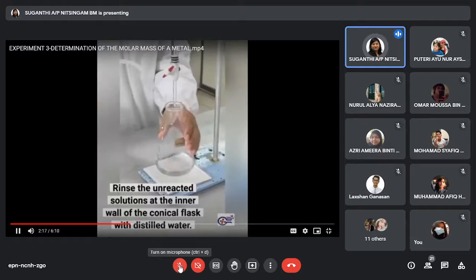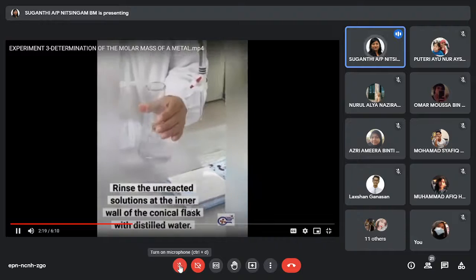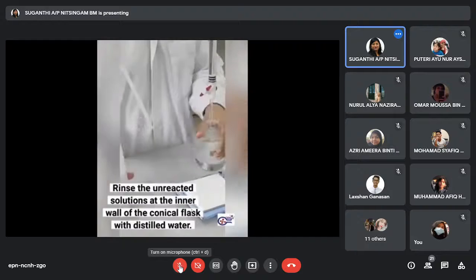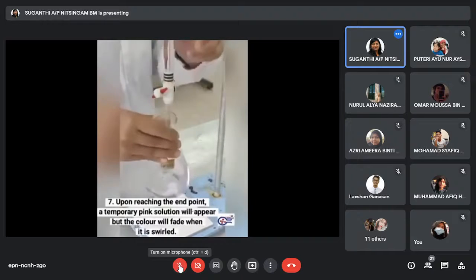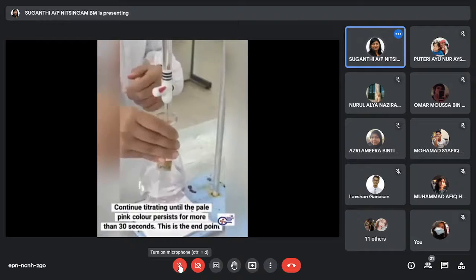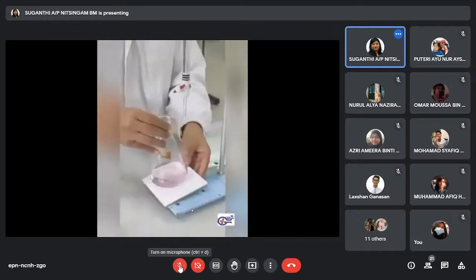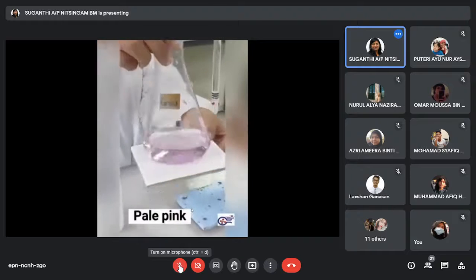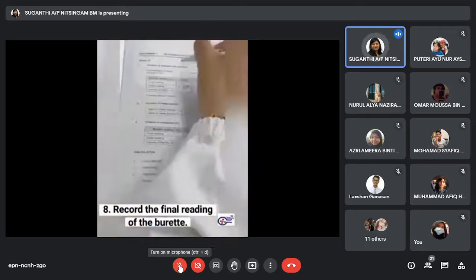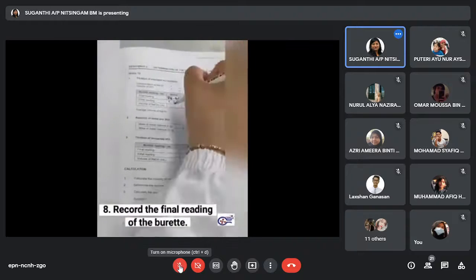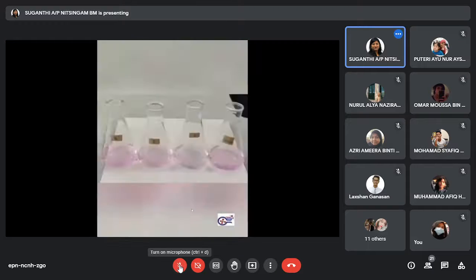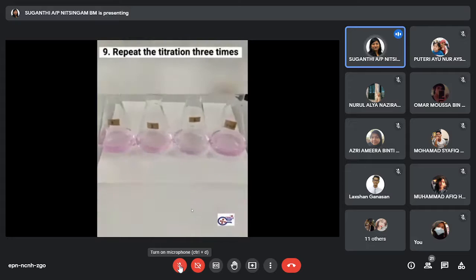See, rinse the unreacted solution at the inner wall. See, this is the pink. Very good, pale pink. Got pale pink. He takes the reading. Can put a piece of white paper. His reading is very nice.